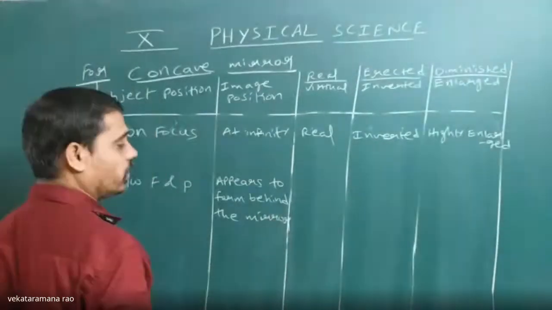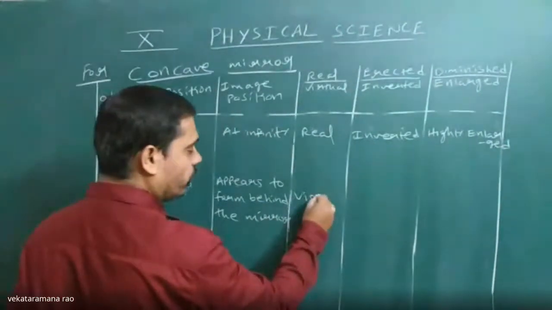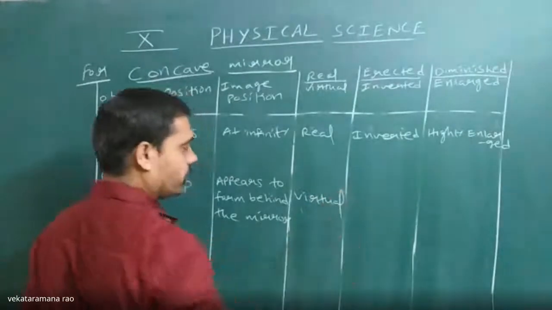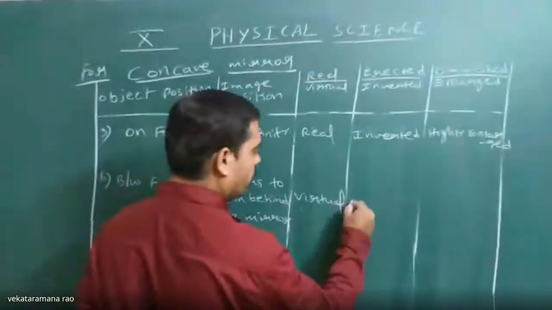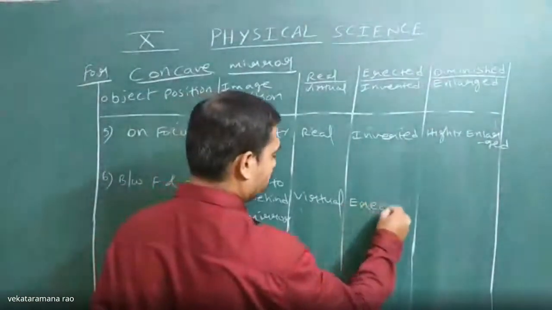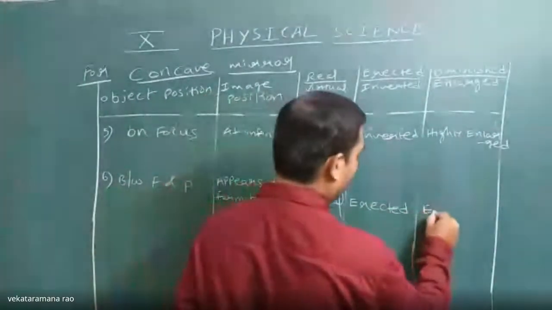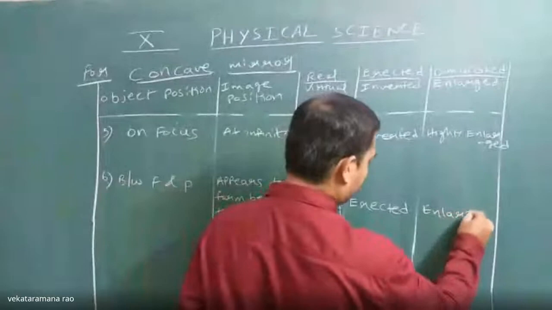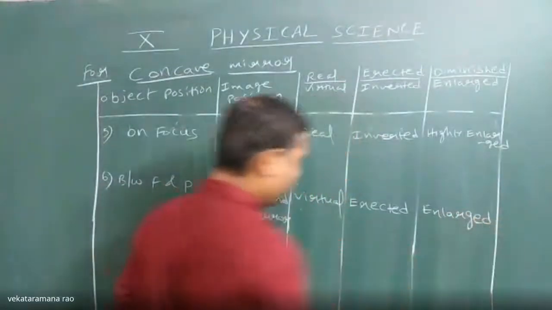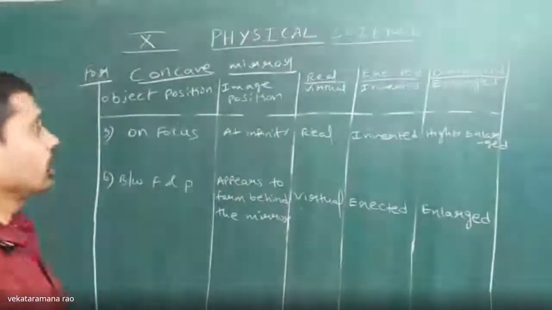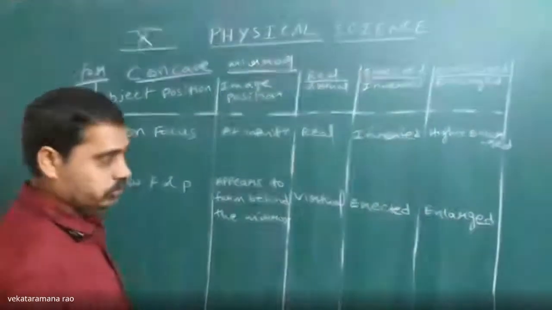Next, is that real? No, it only appears to form, that's why it's a virtual image. It's erect. And what about size? It's enlarged. In this way, we have six positions for the concave mirror.